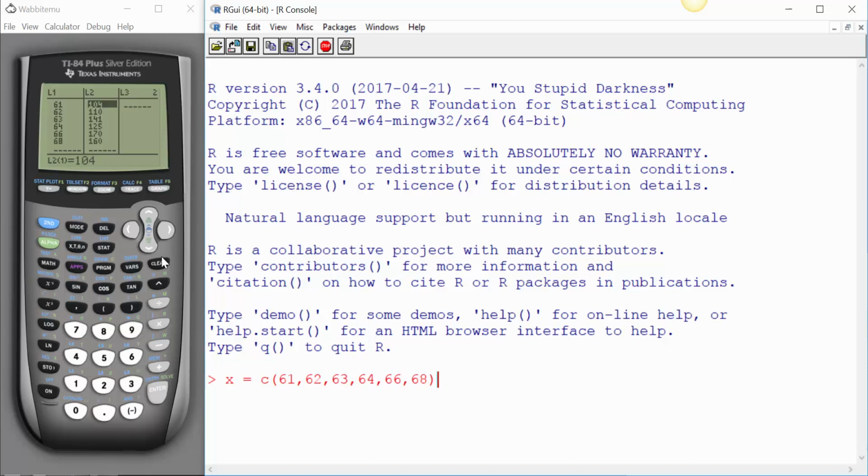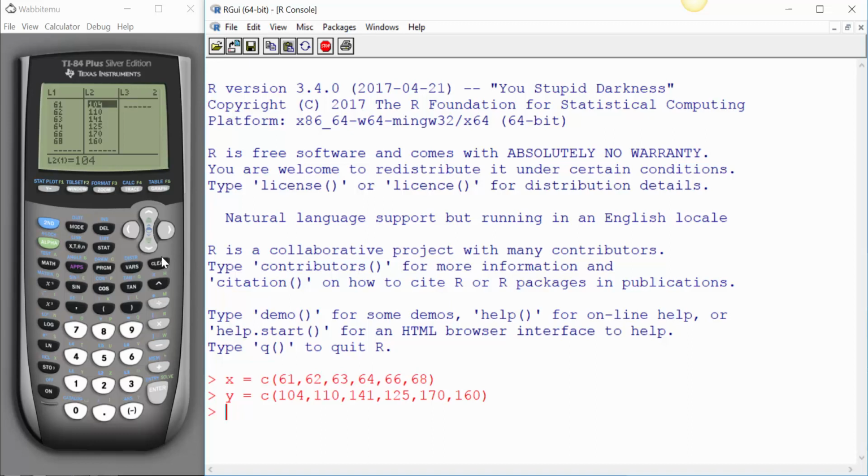So 1, 2, 3, 4, 5, 6. Yep, I believe I have them all. Then I'm going to type y equals and do the C command: 104, 110, 141, 125, 170, 160.